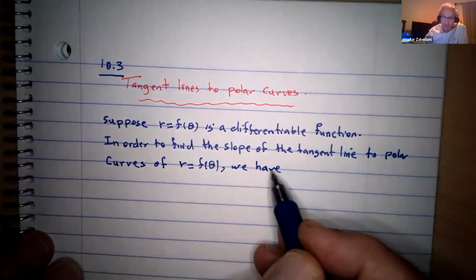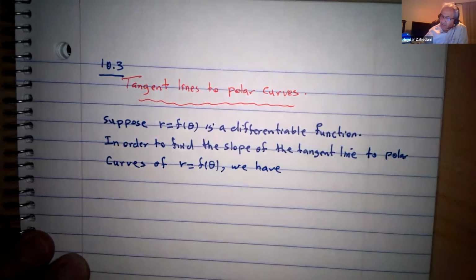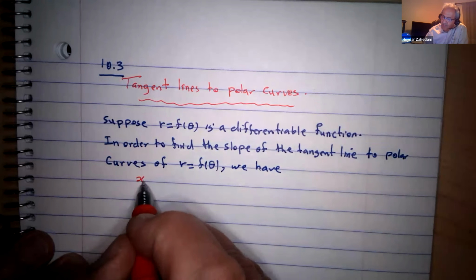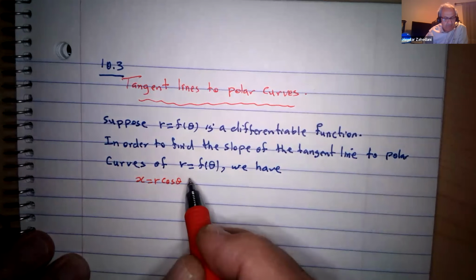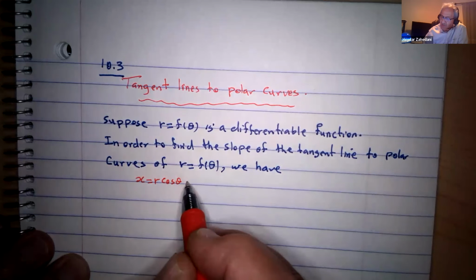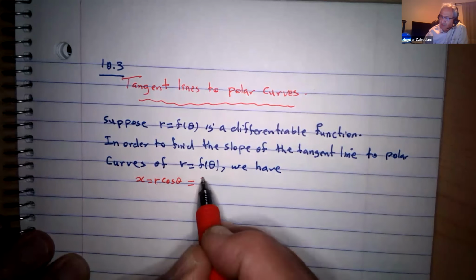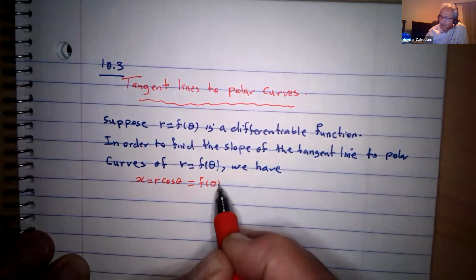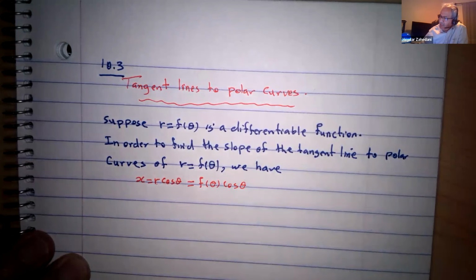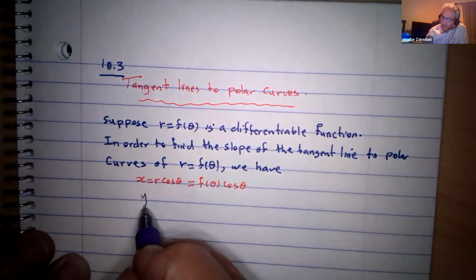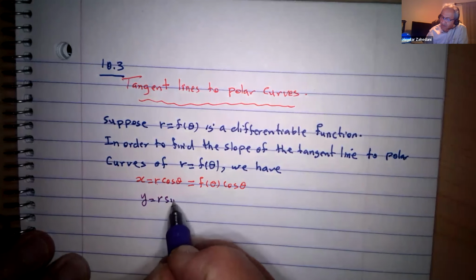You know that x is r cosine theta in the polar form, which is equal to, substituting for r, f of theta times cosine theta. And what is y? y is r sine theta.